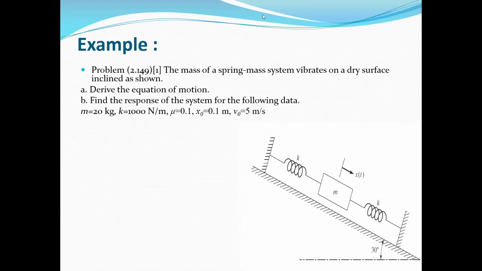It means that the initial condition for the first case is when m is going down, and it's located, for example, someplace here, and this distance is 0.1, and the initial velocity is 5 meters per second.